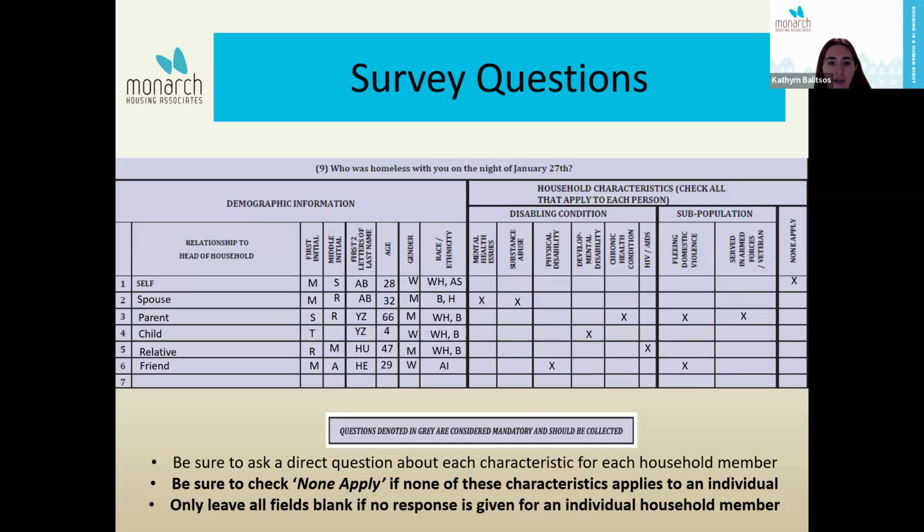You can see that for all of them, they have at least one thing filled out. The person who's self has none apply. The spouse has some things checked. Same thing with the parent, child, relative, and so on. Everyone at least has one box checked in this section.